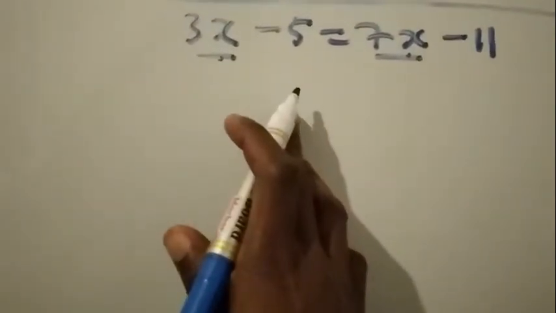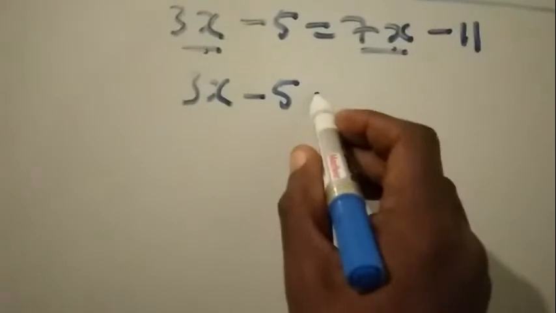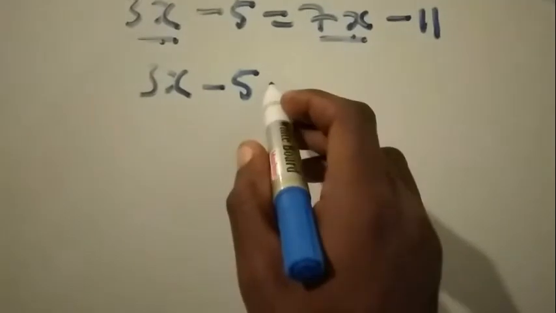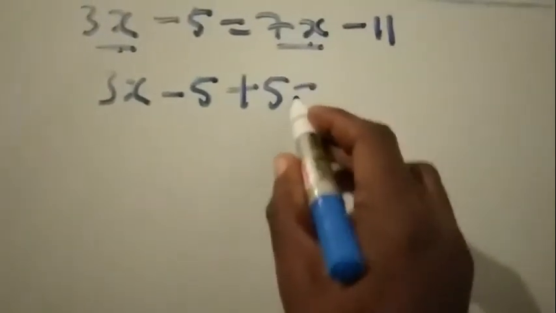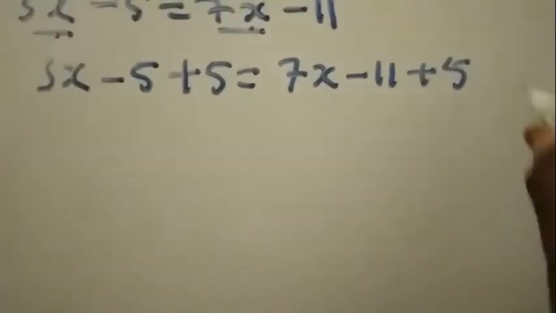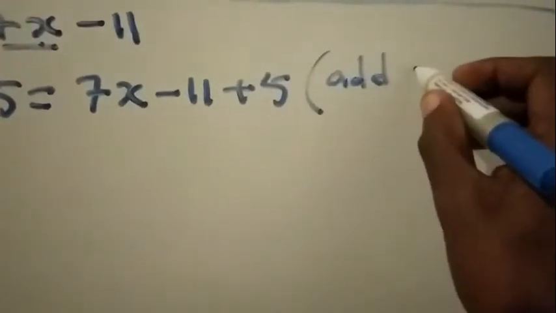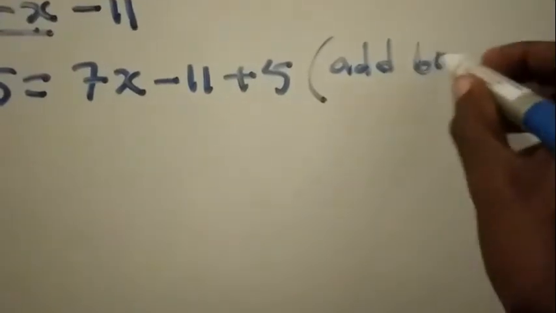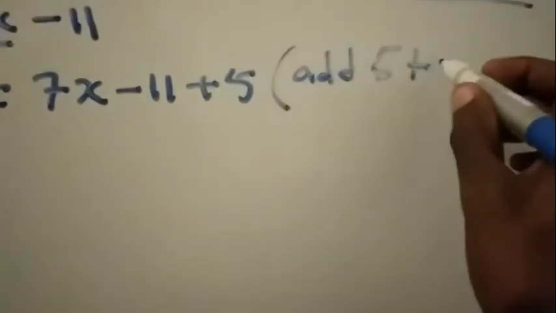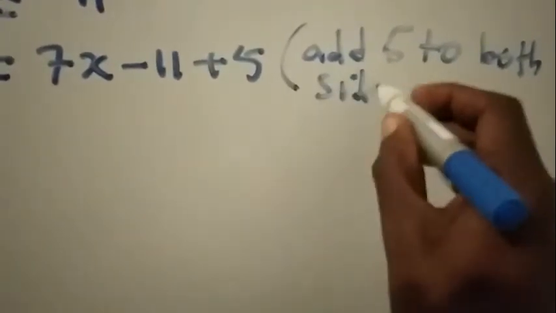The easiest way is, you say 3x minus 5, you add positive 5 to both sides of the equation. So plus 5 equals 7x minus 11 plus 5. So our rule is add 5 to both sides.